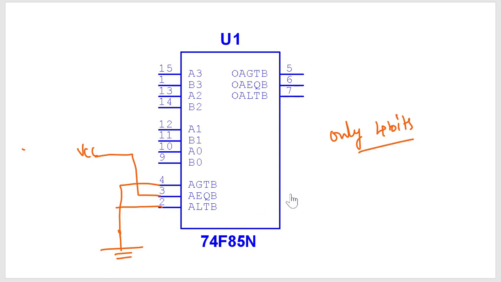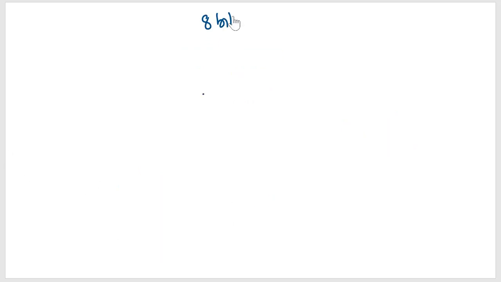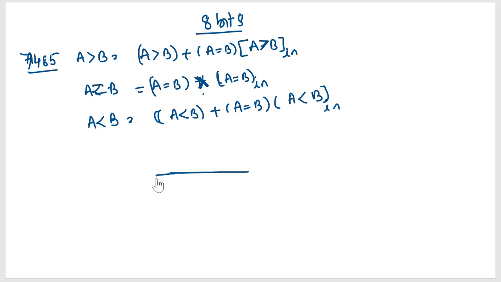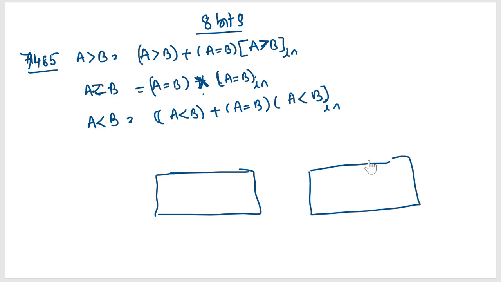Now let us see if you are having 8 bits for the comparison. I will see how it is going to work out. First we will write the output expression for 7485. In case of 8 bits, we are going to take 2 4-bit comparators.